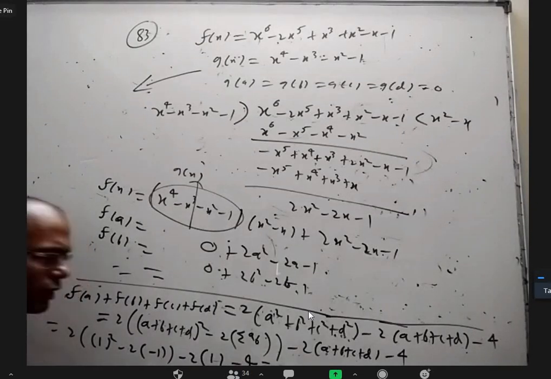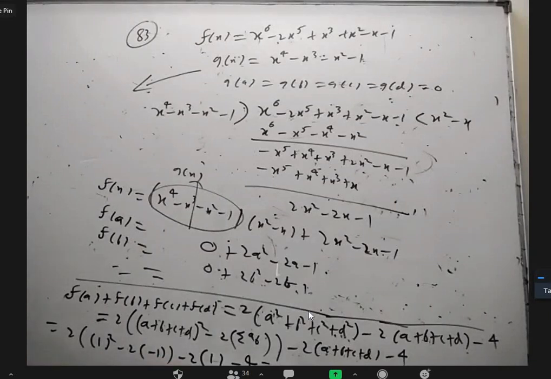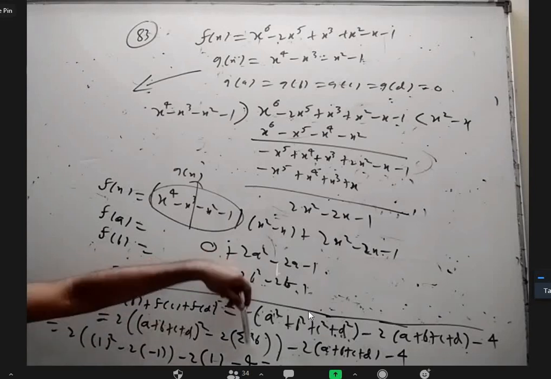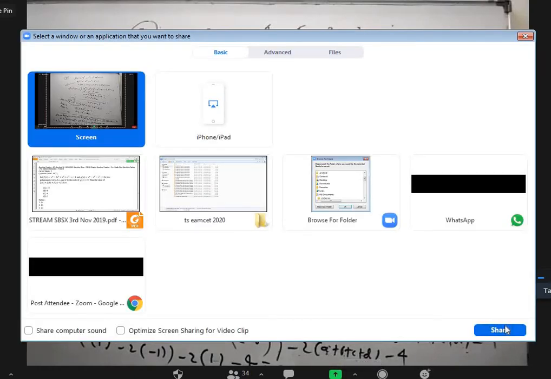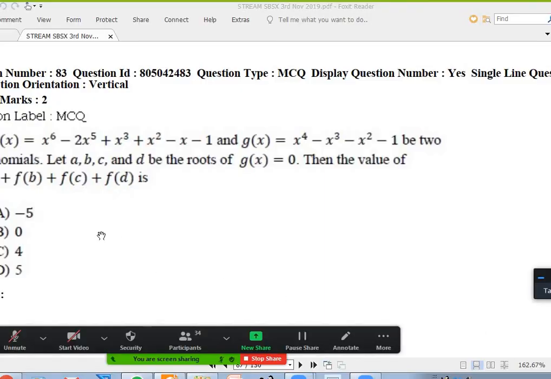I hope the answer is right. Yeah, some part of it is not visible, but the answer is finally 0. Anyway, the method is solved.